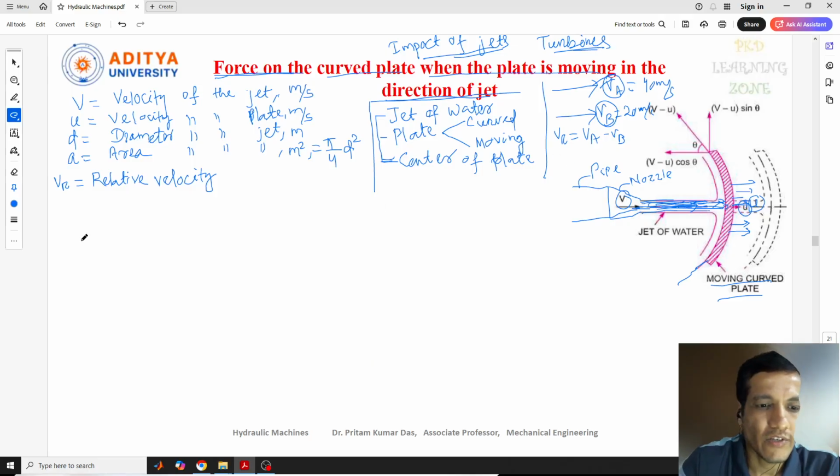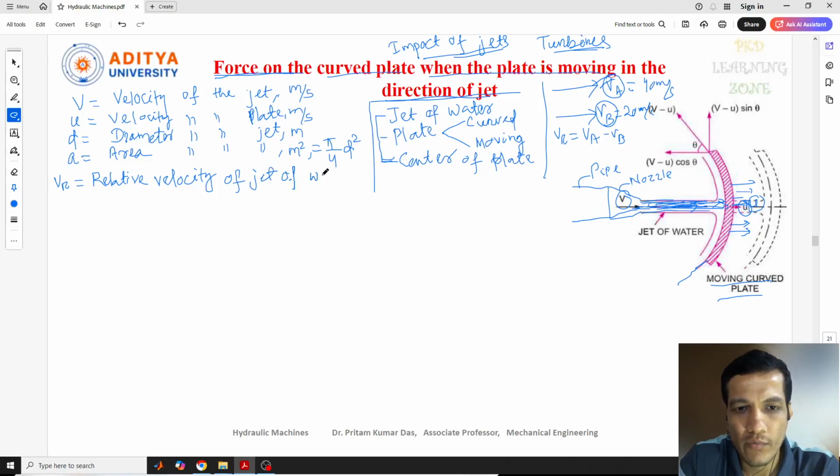So the relative velocity of the jet of water with respect to the plate, or simply the velocity at which the jet strikes the plate, is nothing but v minus small u.